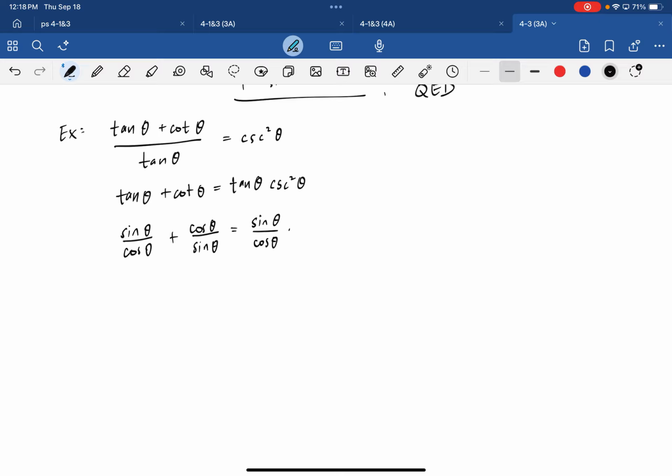And then we have that multiplied by cosecant squared. And we know that cosecant squared is 1 over sine squared, right? Because cosecant is 1 over sine. All right, this is starting to take some shape.